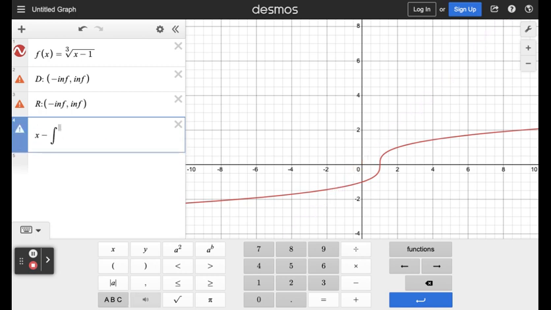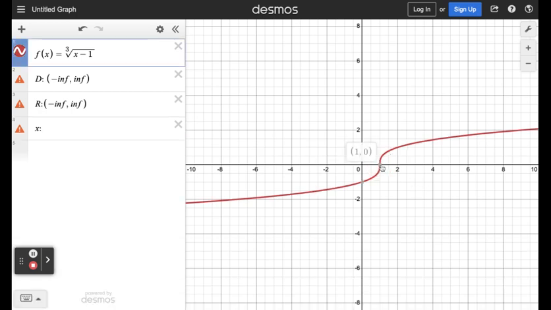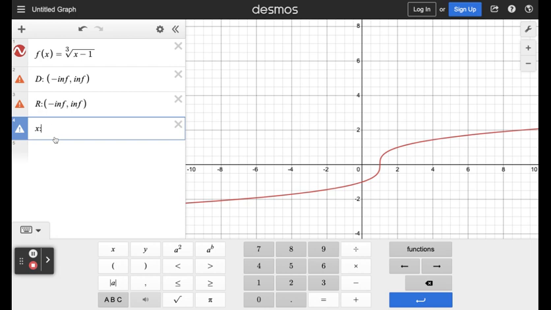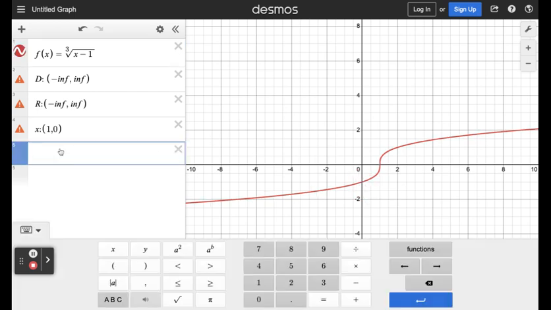And then we have our x-intercept, right here, 1, 0. So we would write parentheses, 1, 0. And then our y-intercept is this guy, the 0, negative 1.